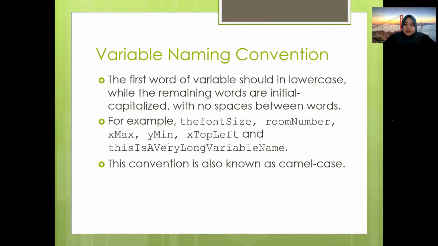So variable naming convention: the first word of a variable should be in lowercase, while the remaining words are initial capitalized with no space between words. Ini lagi satu. Contohnya, okay, macam ni. Contohnya awak nak buat height of player 1.